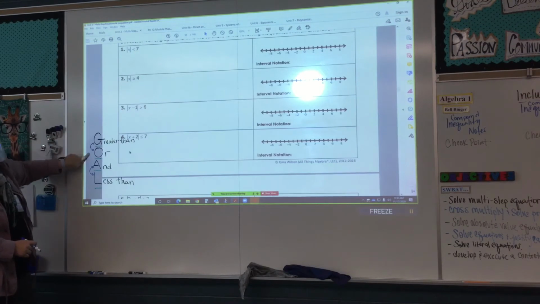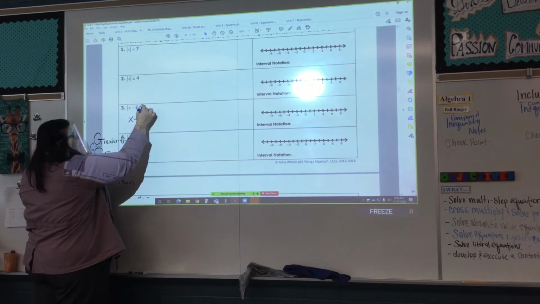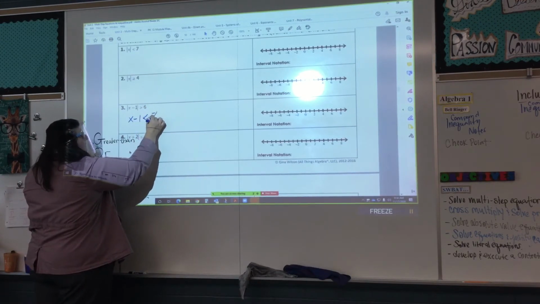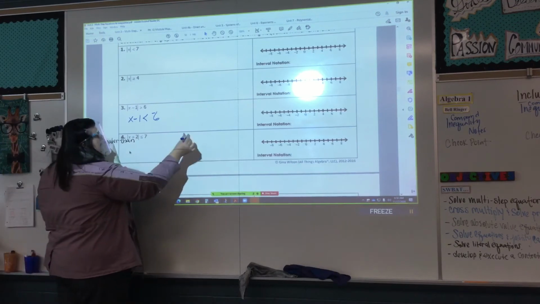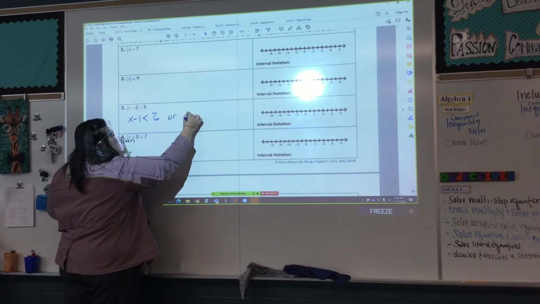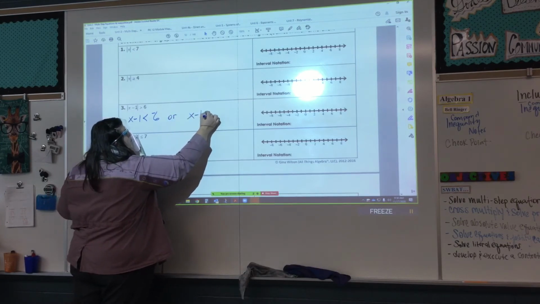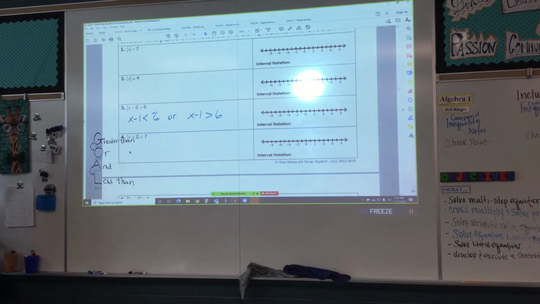Greater than means it becomes an OR. So I take what's inside here, I reverse the sign, and make it negative. I do that again, but I keep the sign the same and the value the same. So OR x minus 1 is greater than 6.